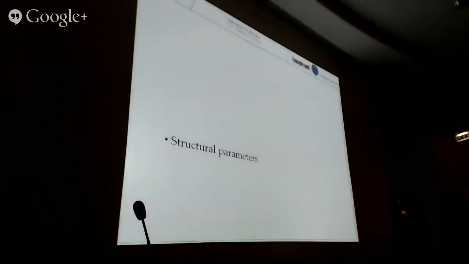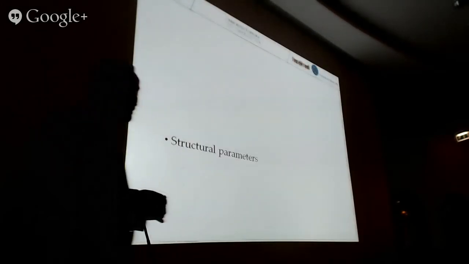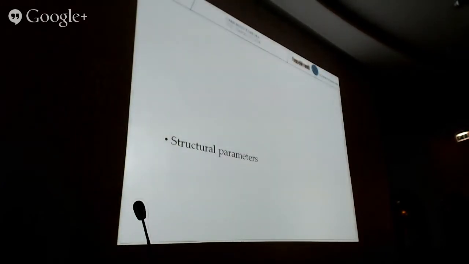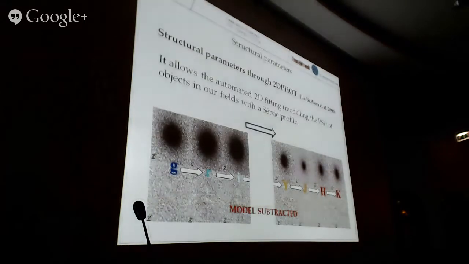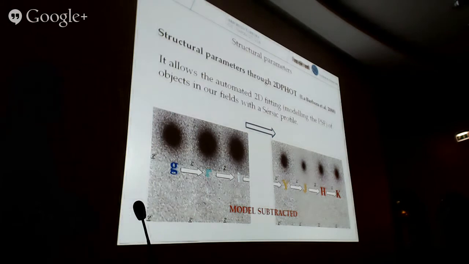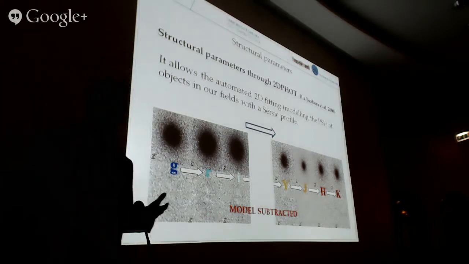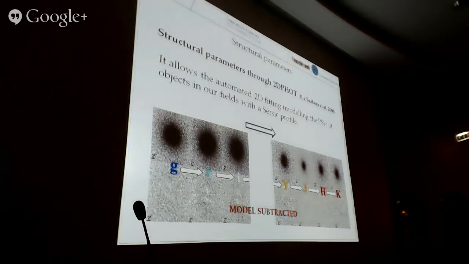Finally, structural parameters in this description of our data production. Structural parameters are fundamental in our galaxy evolution project. In particular, we use the code 2DPHOT from Francesco La Barbera, which allows us to determine in an automated way structural parameters for a large number of galaxies, and also quickly.